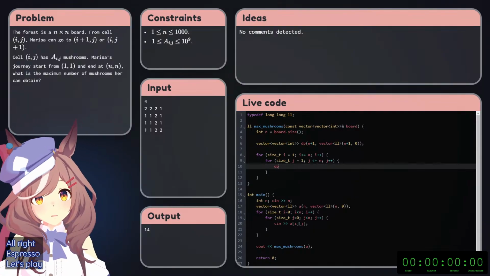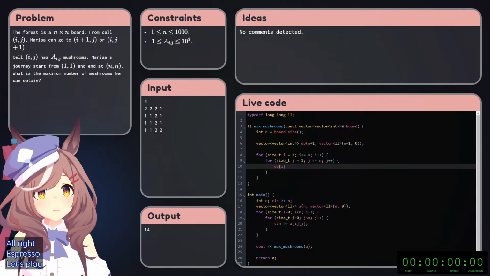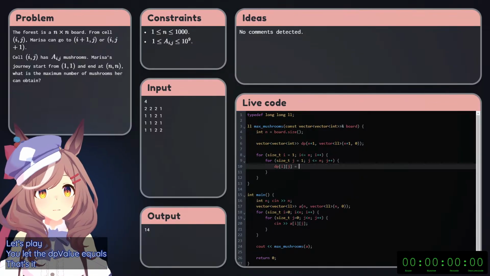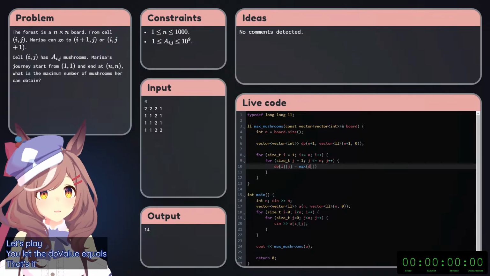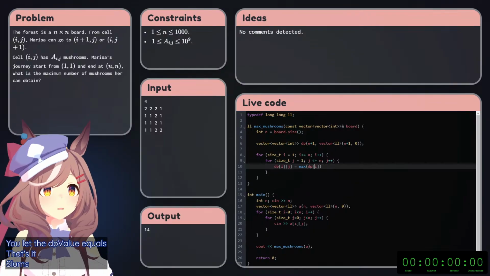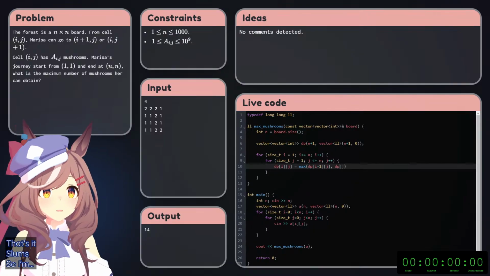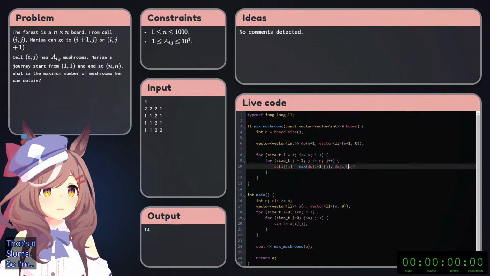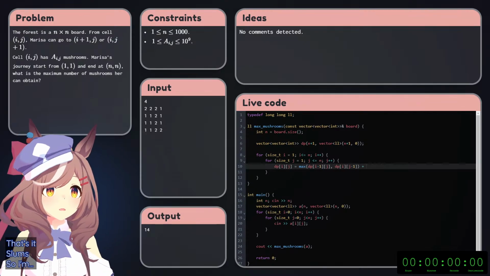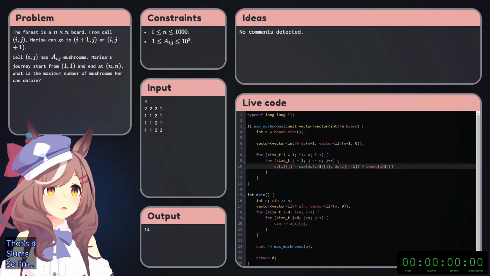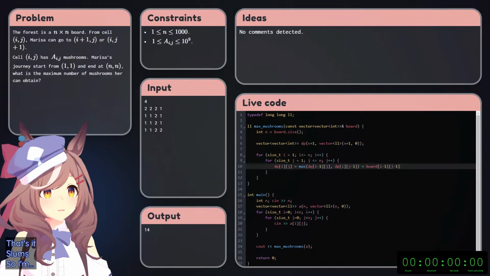Calculate the dp value: dp i j equals the maximum of dp i minus 1 j or dp i j minus 1, plus the board i minus 1, j minus 1.